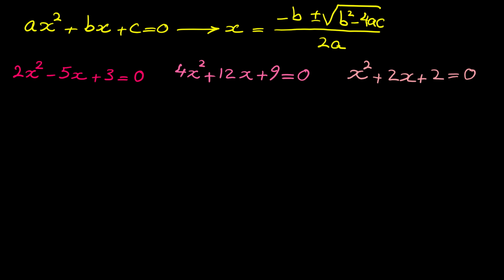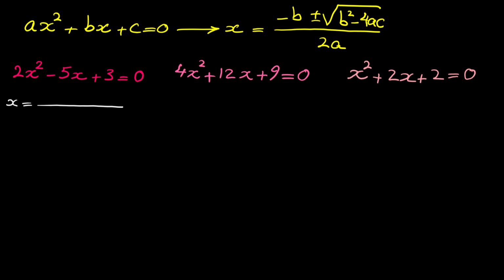Let us start with this example: 2x^2 - 5x + 3 = 0. Attention, a is 2, b is negative 5, and c is 3. We can use this formula for finding x. X equals negative b. b is negative 5, so negative b is 5, because the negative of negative 5 is 5.